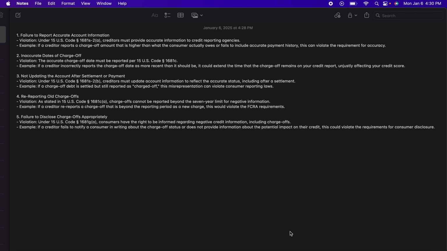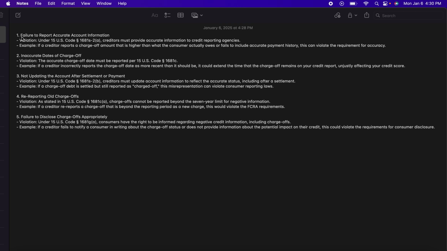So the first one I want to go over is failure to report accurate account information. So the violation would be under 15 USC 1681s-2(a). Creditors must provide accurate information to credit reporting agencies. So an example would be, and this is how I break down information for my students all of the time, but this is how you guys are going to learn the best.